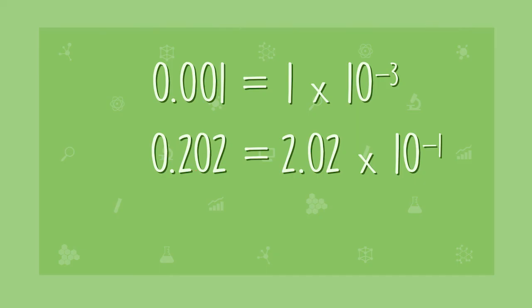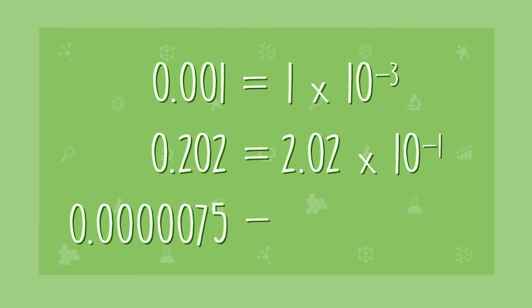Let's try one more small number with lots of zeros, 0.000075. The decimal point is here, and we need to move it 6 places to the right to give us a number between 1 and 10. This gives us, in scientific notation, 7.5 times 10 to the power of -6.